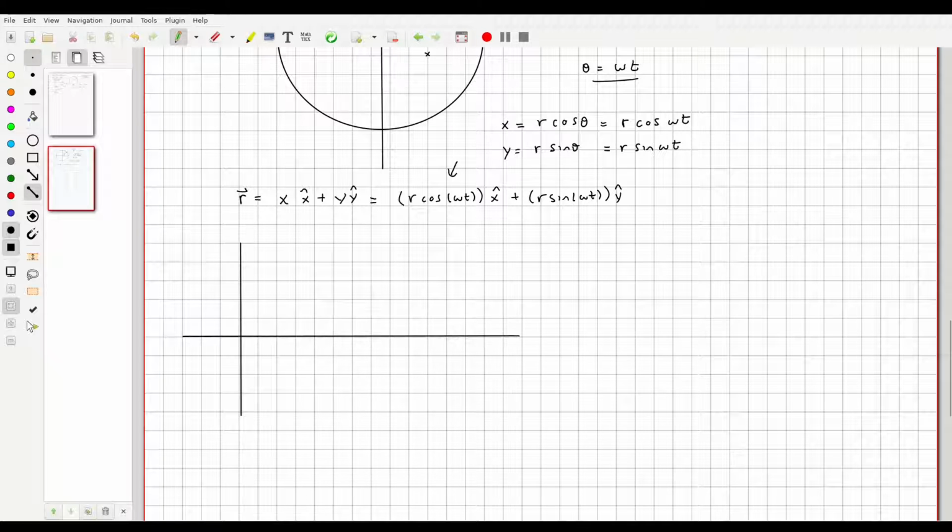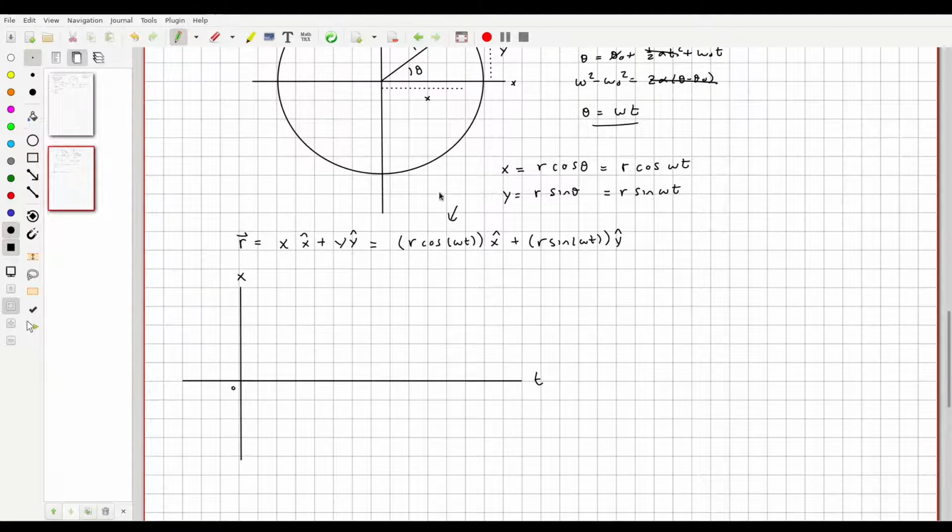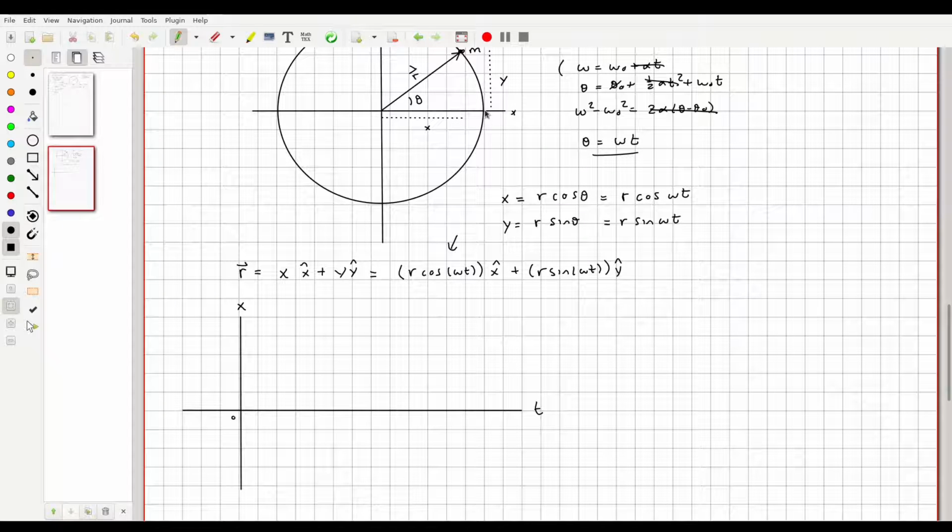If I were to plot this thing starting off at time t is equal to 0 and put x on the y-axis here and t on the x-axis. So here we are, times t is equal to 0. I would start off, if you plug in 0 here, a distance of r away along the x-axis.